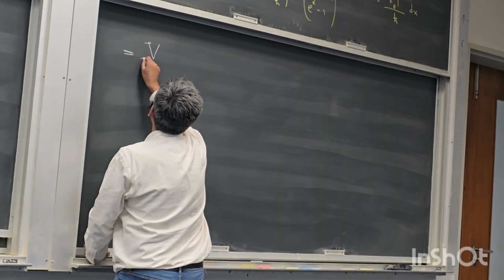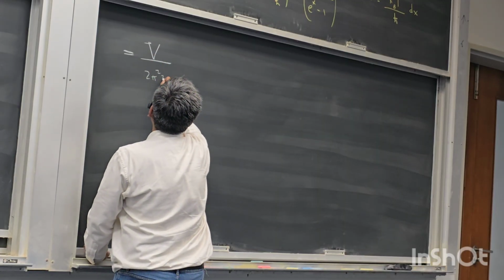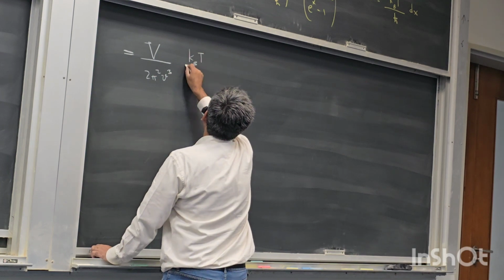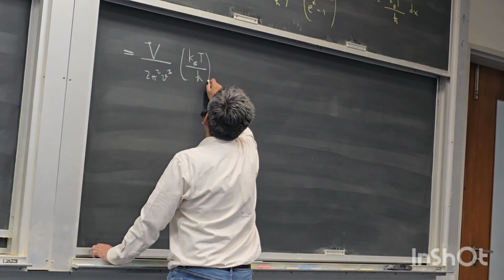This is V over 2 pi square v cube kBT over h bar raised to power 4.